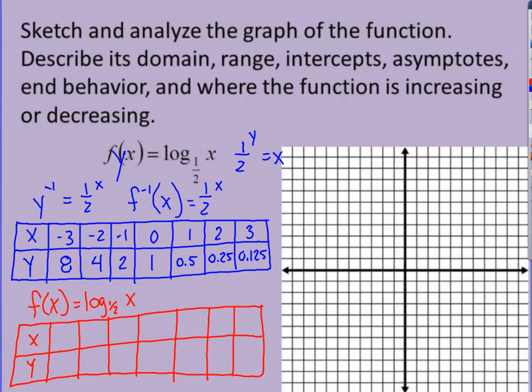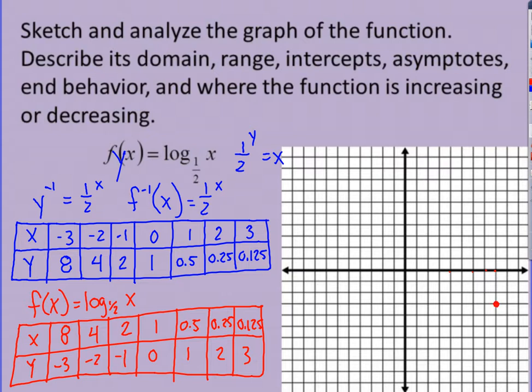And our original function is f of x is equal to log base 1/2 of x. Remember, all of your y's on the inverse now become your x's, and all of your x's become your y's. So if we go to graph our original function, we have an x value of 8, we have a y value of negative 3.